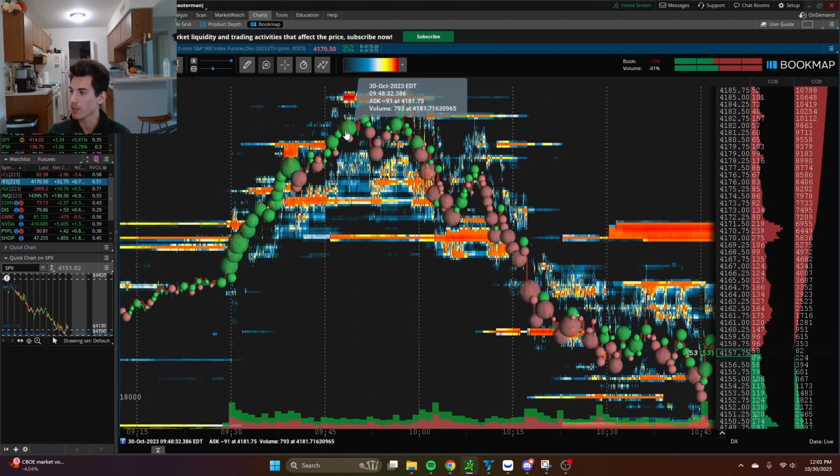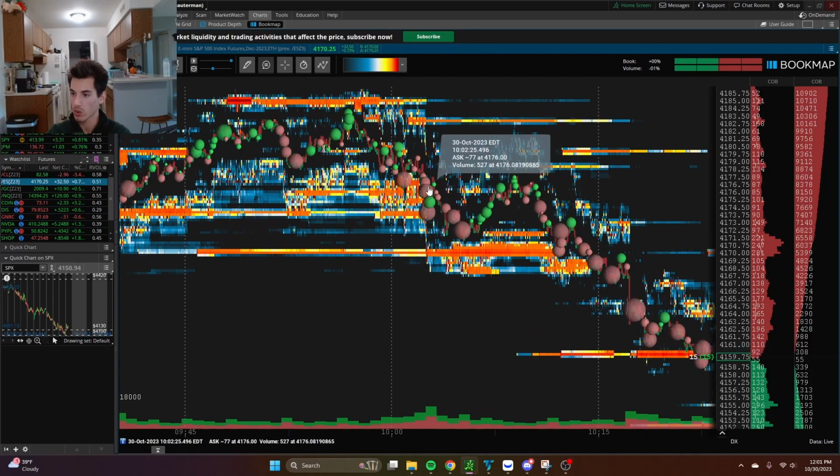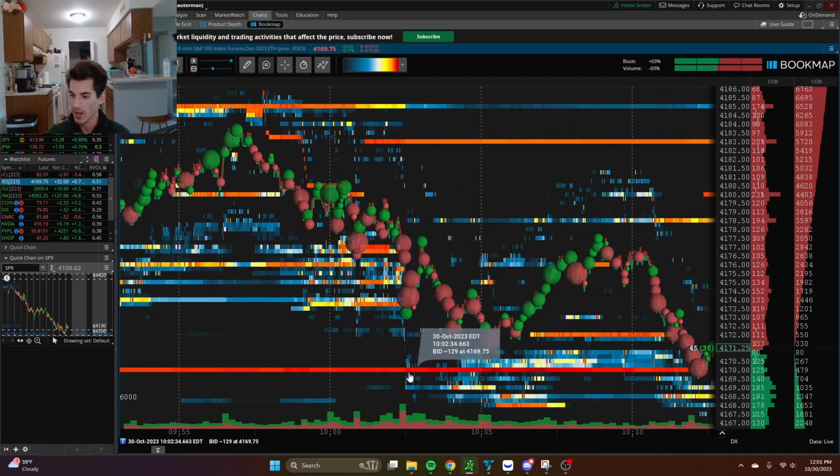When we were all the way up here, like 10 plus points below, a big player put a bunch of contracts at around 4170, and they had it, and then once price came down, a lot more contracts got added here at 4170.